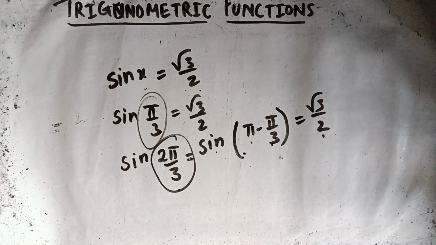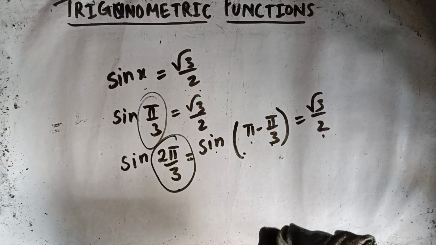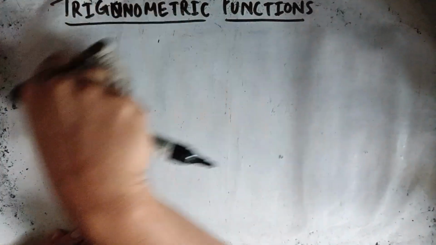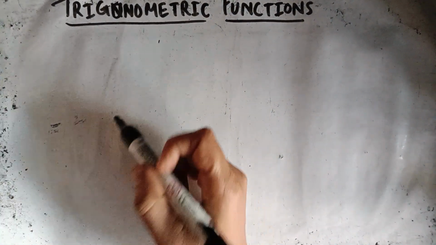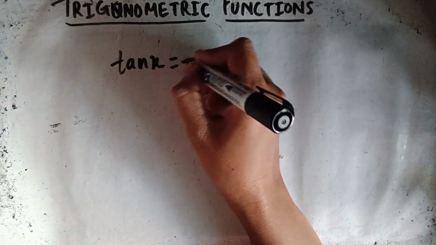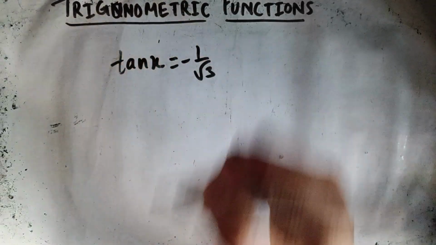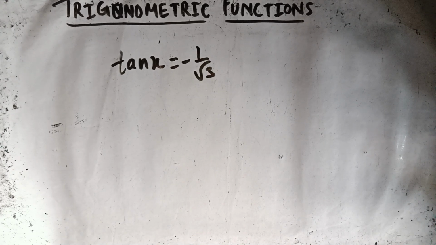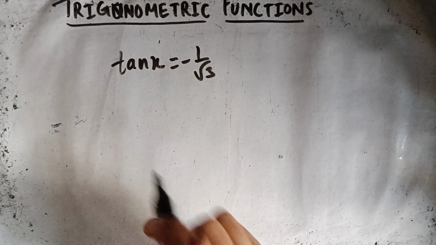Next is the principal solutions of the equation tan x equal to minus 1 upon root 3. So for what value is it 1 upon root 3? Pi by 6, right?